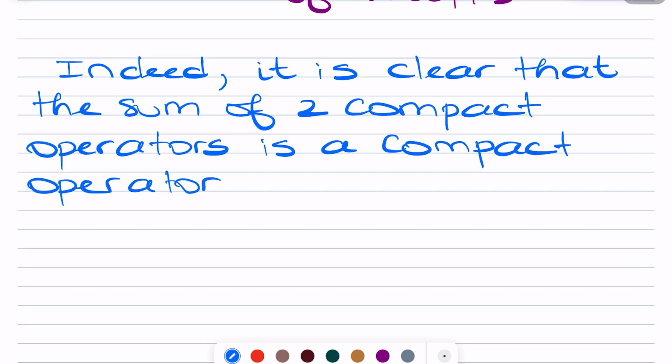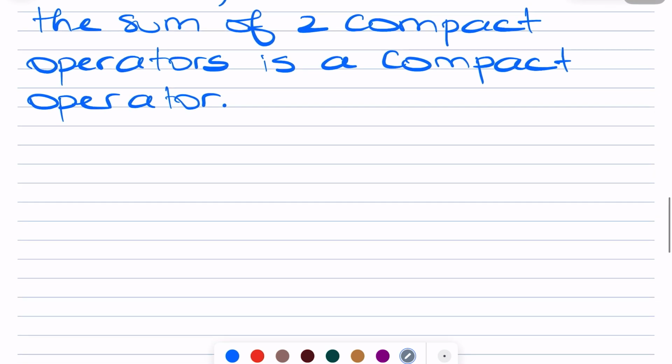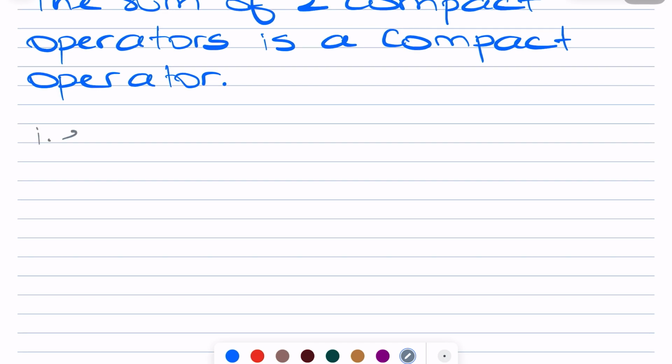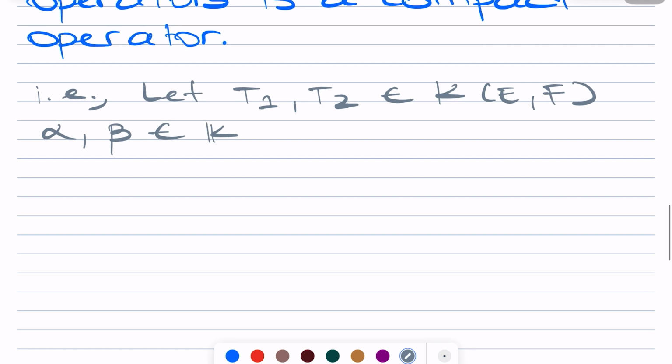Well, how do we see that? You have multiple ways to approach the problem, but you can use the characterization of compact operators by sequences. Let T1 and T2 be two compact operators, and say you have alpha and beta belonging to the field K, which is R in our case.